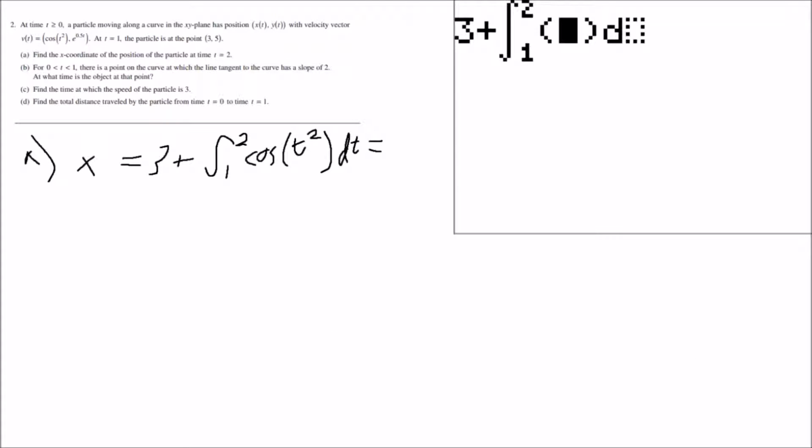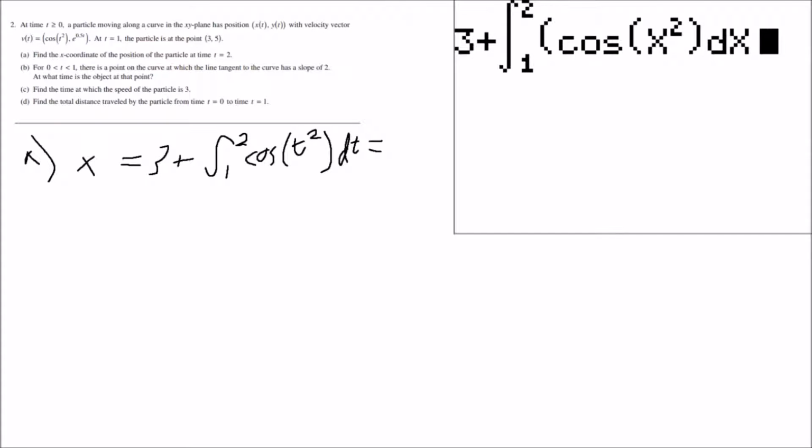And so what you want to do from there is type in your cosine of t squared. I'm just going to use x because it's easier for me, just one button as opposed to two. Just make sure your d variable is the same. So that gives you this screen right here, right? And then if you hit enter, it'll give you the answer you are looking for, which will pop up in a sec.